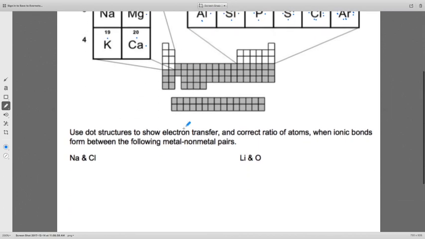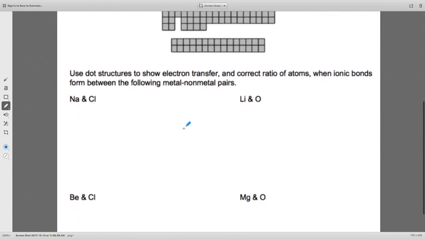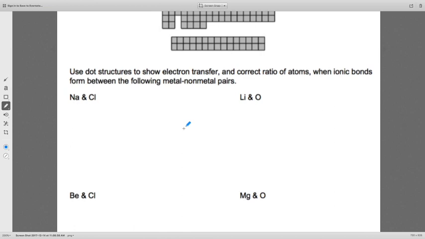Helium is already, as a noble gas, very inert and stable as is. So how does this all work to help us predict or show what happens with ionic bonding? Let's take an example that we've looked at before. Sodium reacting with chlorine, sodium metal, chlorine non-metal. And we know that because it is ionic bonding that electron transfer should occur. So the way that we represent that is we start with the dot structure.